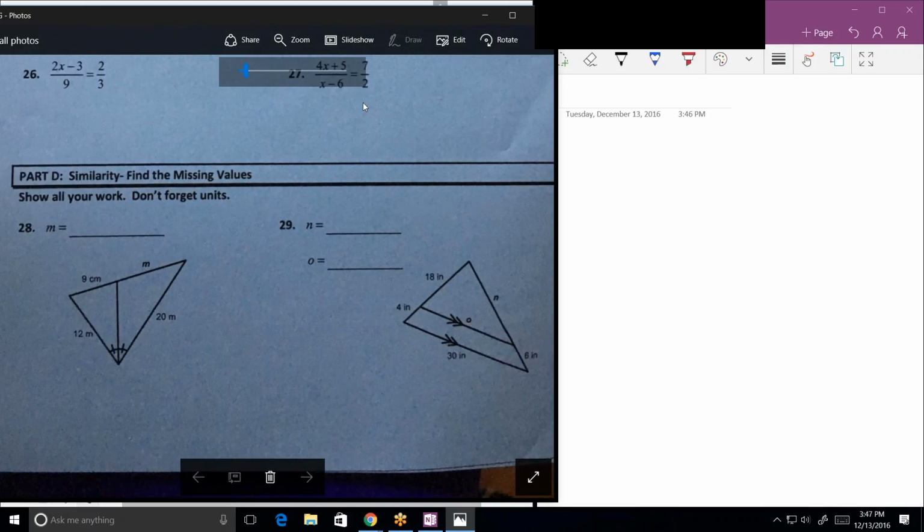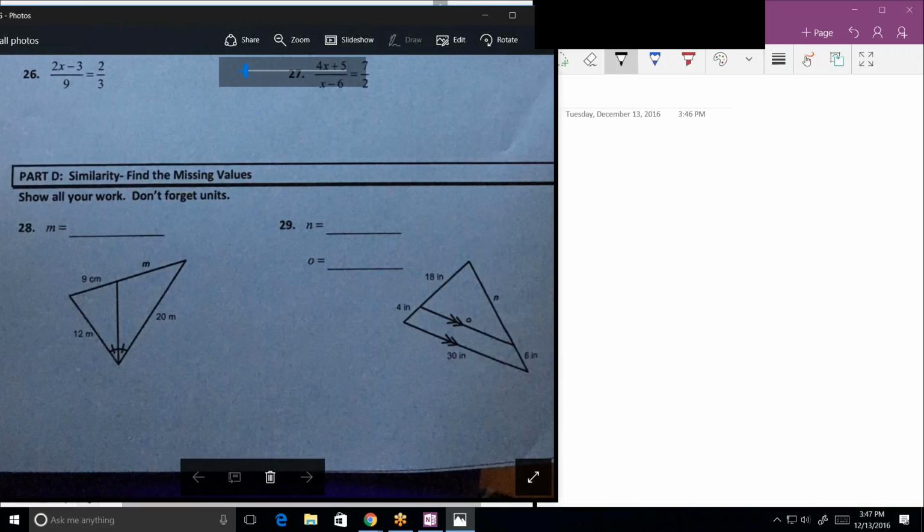Give me a ratio that'll allow me to solve for m. Would you do individual triangles?